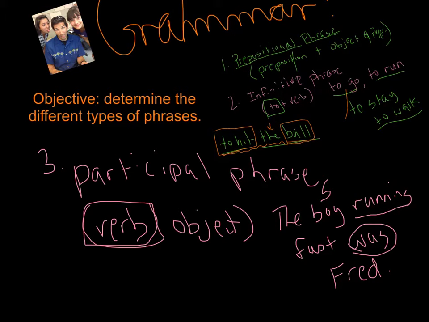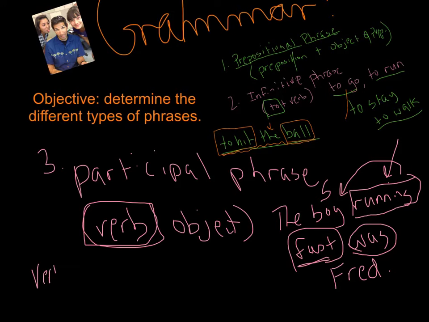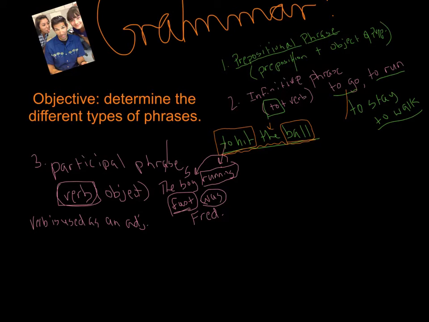Running and fast, these two are actually describing the boy. So this right here is your participle phrase. Anytime a verb is used in a way that it is describing, so when a verb is used as an adjective, it's a participle phrase. So we've got to be aware of all these different things.